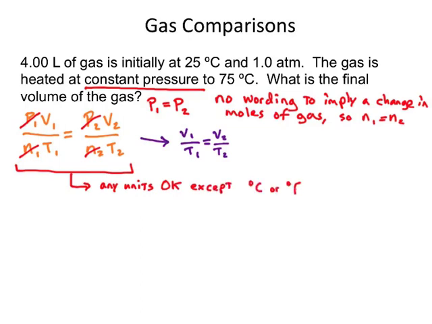Before we continue and start plugging numbers in here, we need to first realize that when doing this equation, any units are okay because they're the same before and after and the equality is still valid, except when you're using Celsius or Fahrenheit. The reason is that the difference between 25 and 75 Celsius is like 3 times, whereas the difference between the values in Kelvin is much smaller.